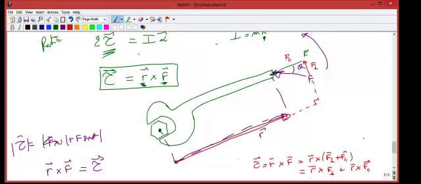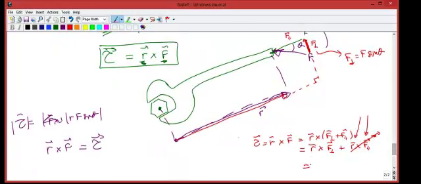But we just saw that if the component of F is parallel to R, this is going to be 0. So really the only one that counts is F perpendicular. But we can express F perpendicular from chapter 2, which is nothing else but F sine theta. And that's where this definition comes from. R F sine theta.